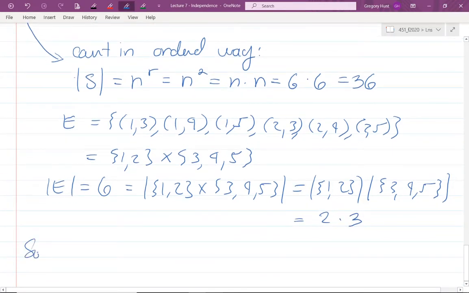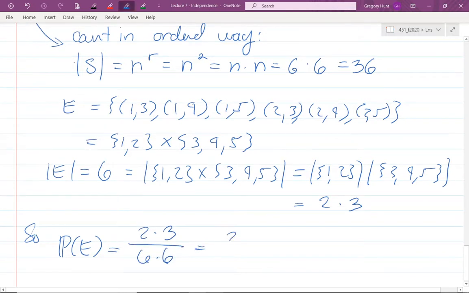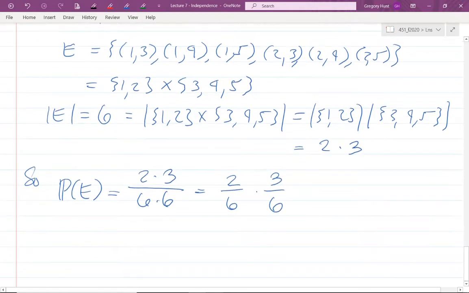And so the probability of E is what? It's 2 by 3, the number of things in E, divided by 6 by 6. Or it's 2 over 6 times 3 over 6. Why do I write it that way?